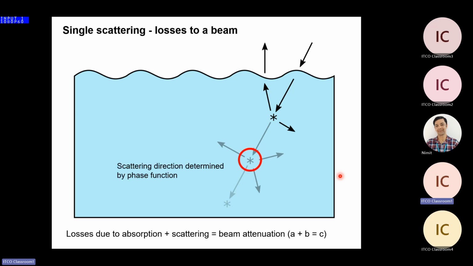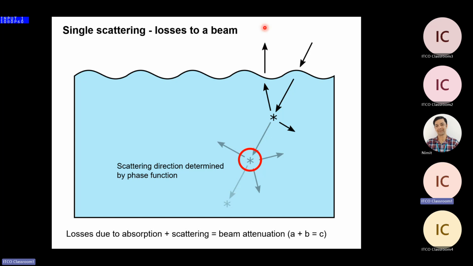Now it gets more complicated, though. The scattering angle when it occurs is determined by the phase function, which you've also heard about. This diagram is a little bit misleading, because it shows scattering happening in all sorts of directions, which it does, but predominantly the scattering is close to forward directions, as you've seen, because the phase function is very forward peaked.